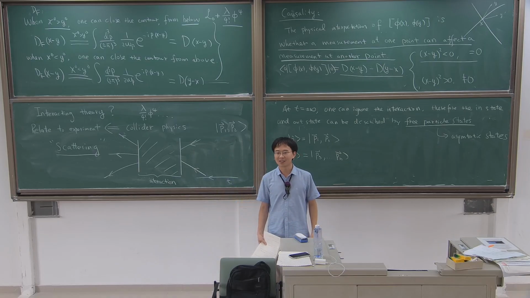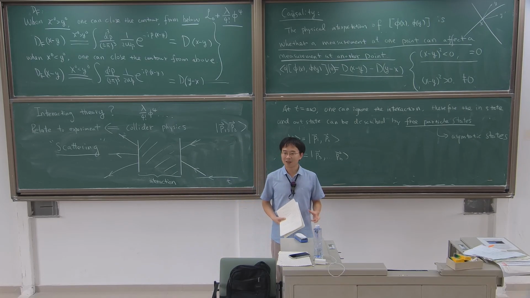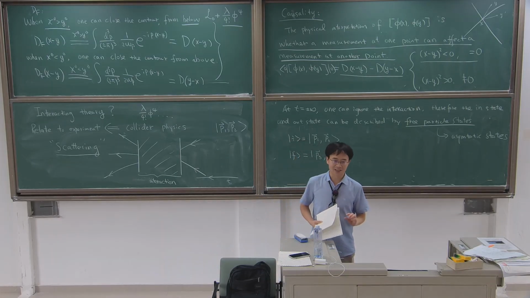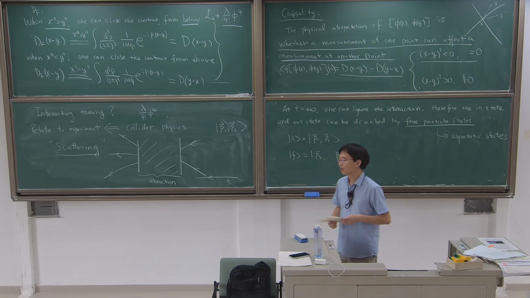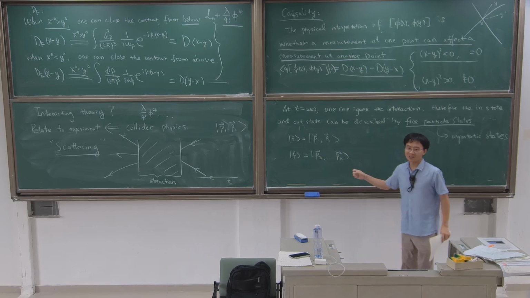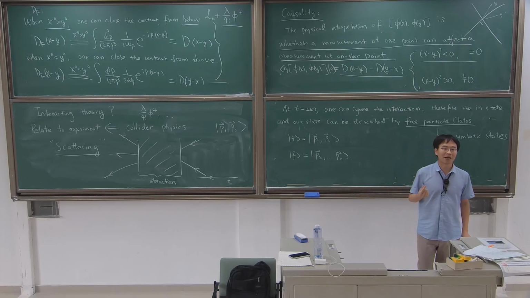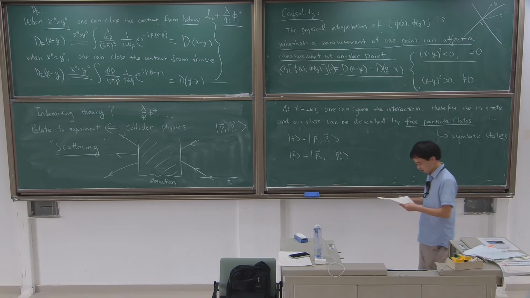It's also perfectly consistent with what we learned in quantum mechanics, again in the Heisenberg picture. In the Heisenberg picture, we include the time evolution inside the operators. Operators are time dependent. So basically the evolution process is simply described by an operator.